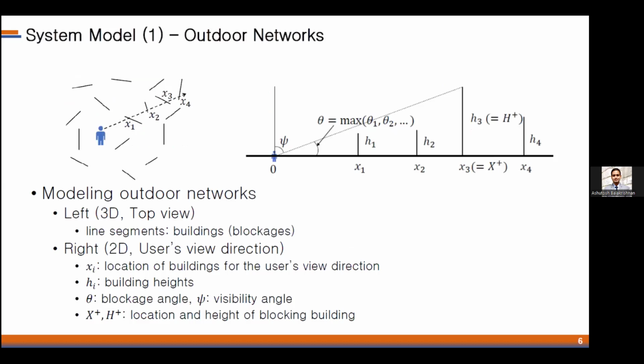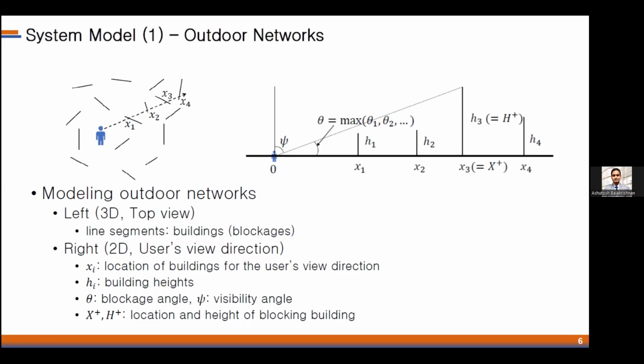So let us move to the system model. At the initial stage of this project, we tried to solve the 3D model. This is the top view of the 3D model, and you might think that the line segments are the buildings.